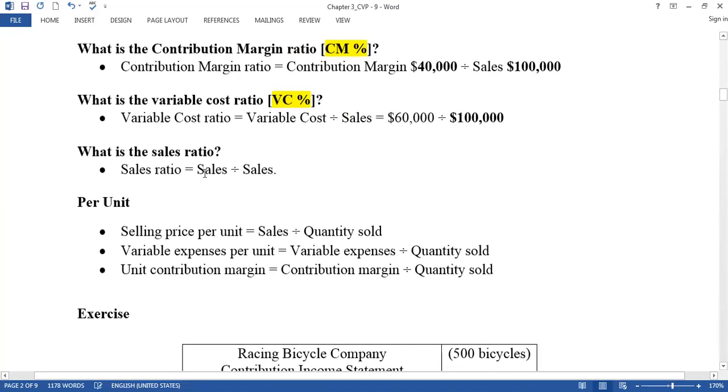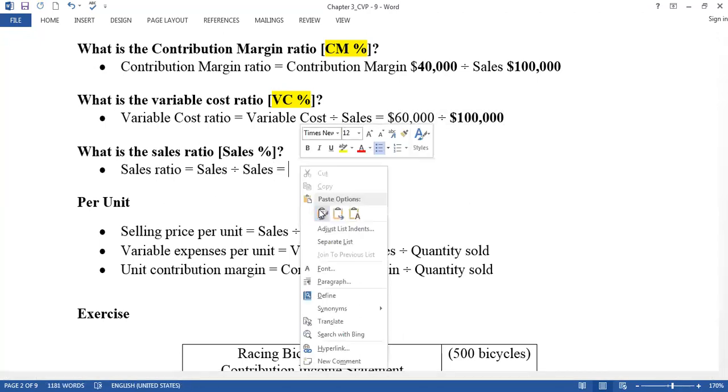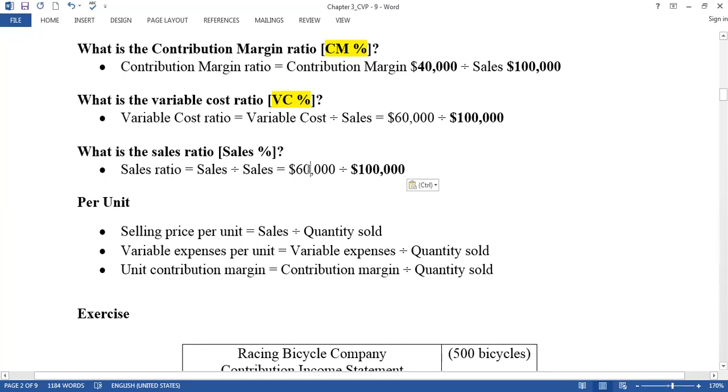Then we can calculate the sales ratio. Sales ratio means sales percentage, and the formula is sales divided by sales, which is 100%.